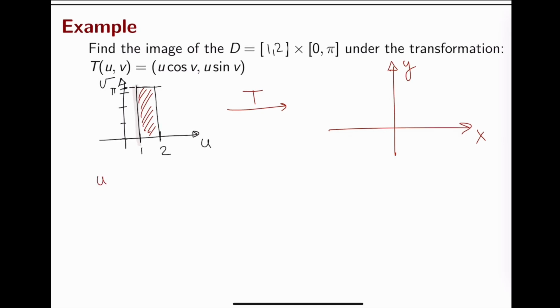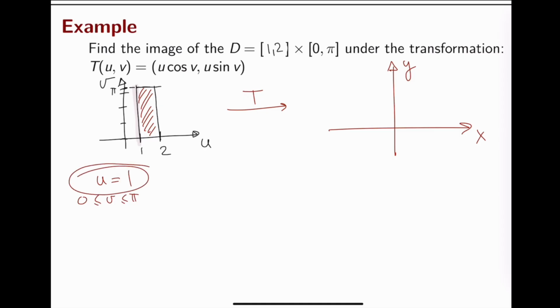The equation will be u equals 1, right? So the whole line here is just the variable u equal to 1. That's the equation of this line. But the v is going to vary between 0 and pi.